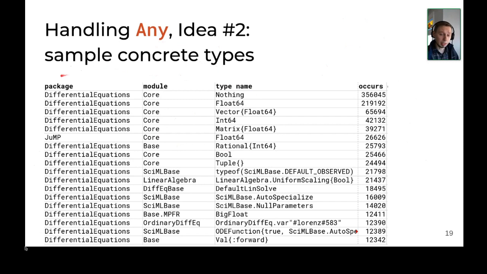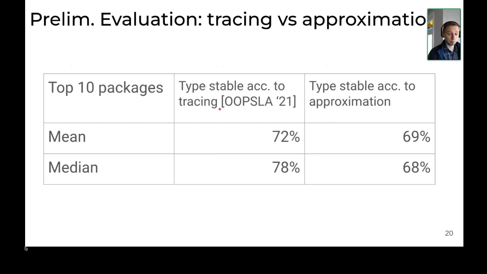Indeed, we can sample types from some packages, run the tests and see what types are used to instantiate all those methods in the test suites, and we can collect them and use them later on to enumerate possible input types. That's what we call approximation, because by sampling, we necessarily approximate. We can't exhaustively enumerate all possible input types in those cases.